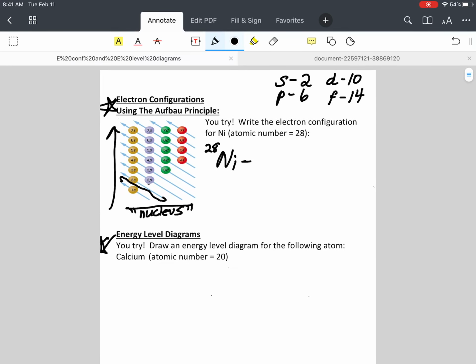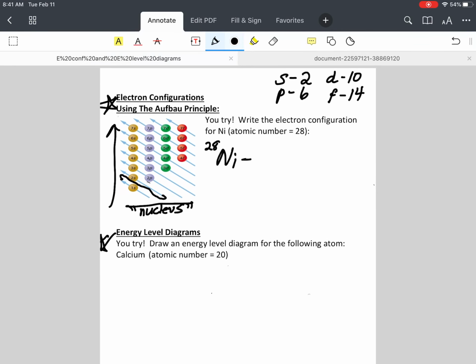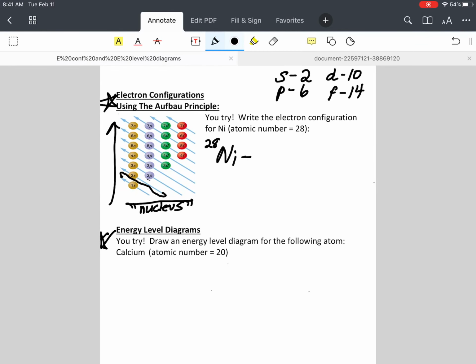Okay, so that's basically Hund's rule, filling the closest locations or sublevels first, and then moving away from the nucleus. So we're going to start with 1s2, follow our tip to tail rule, and we're going to get to 2s2. The numbers signify the number of electrons, okay? So we've got 4 of the 28 accounted for.